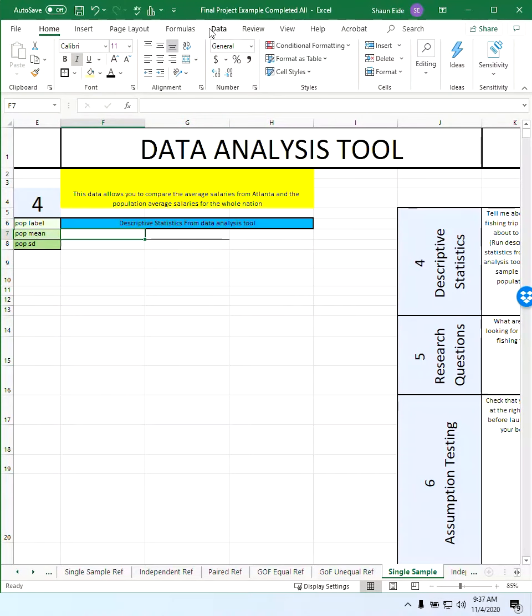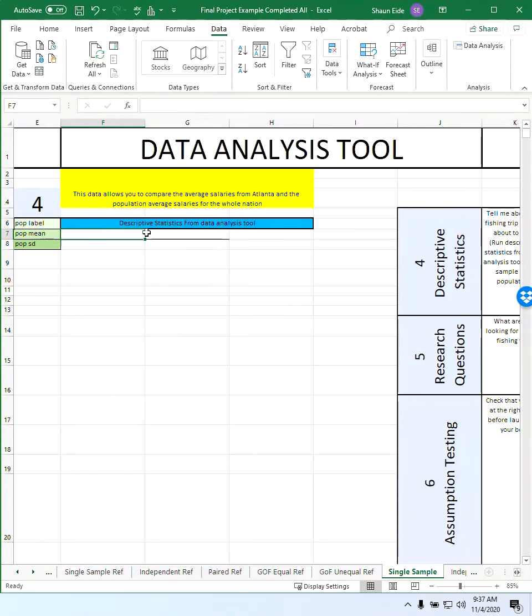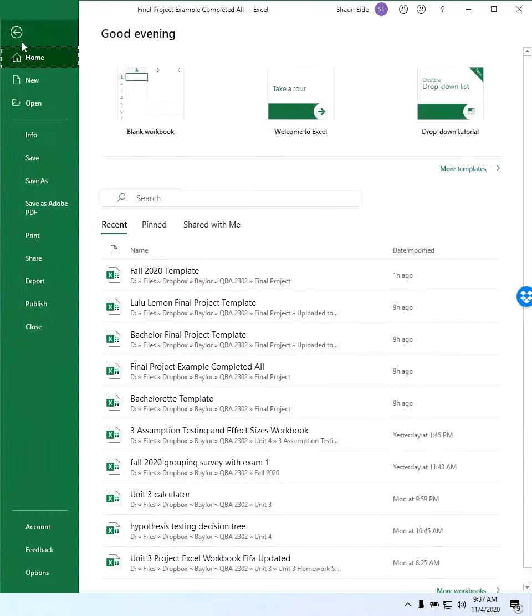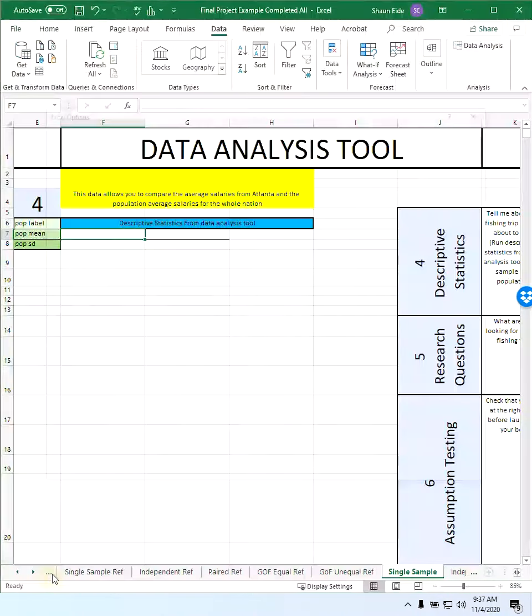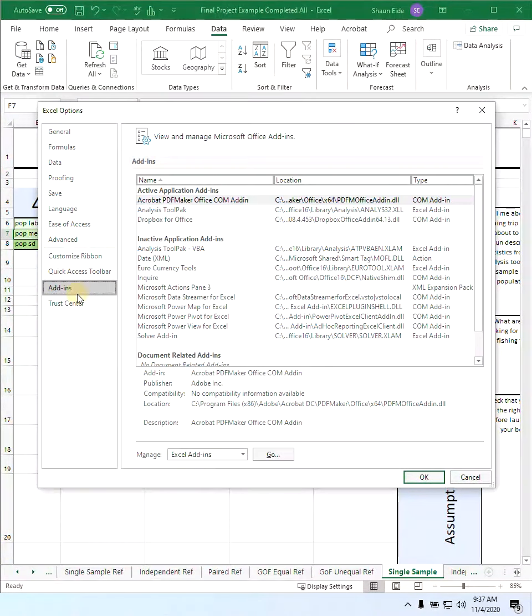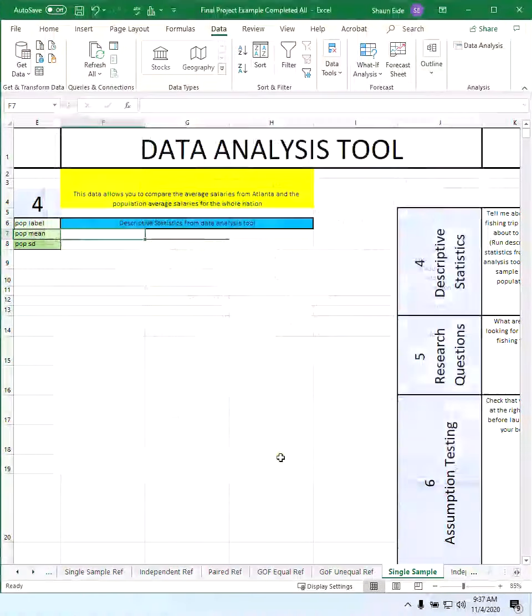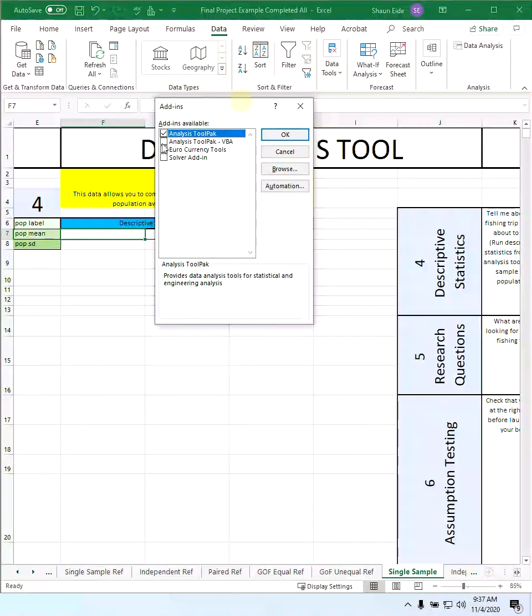So I'm going to go to data. And yesterday when I was doing this, the data analysis tool was gone. And so I had to put it back up there. If that happens to you and it's gone, what you need to do is go into, let's see here. I went into options, I went into add-ins, then I went into Excel add-ins, and then it was even checked.